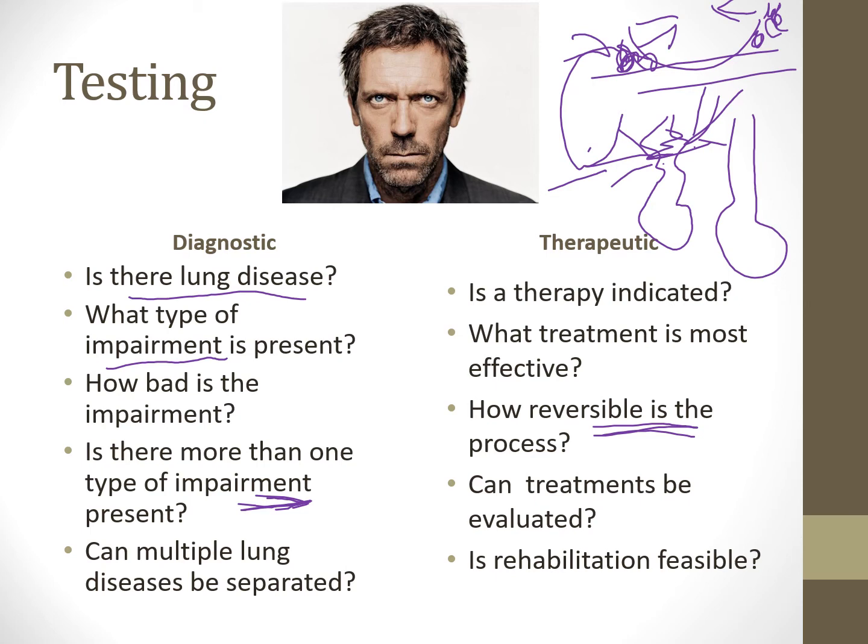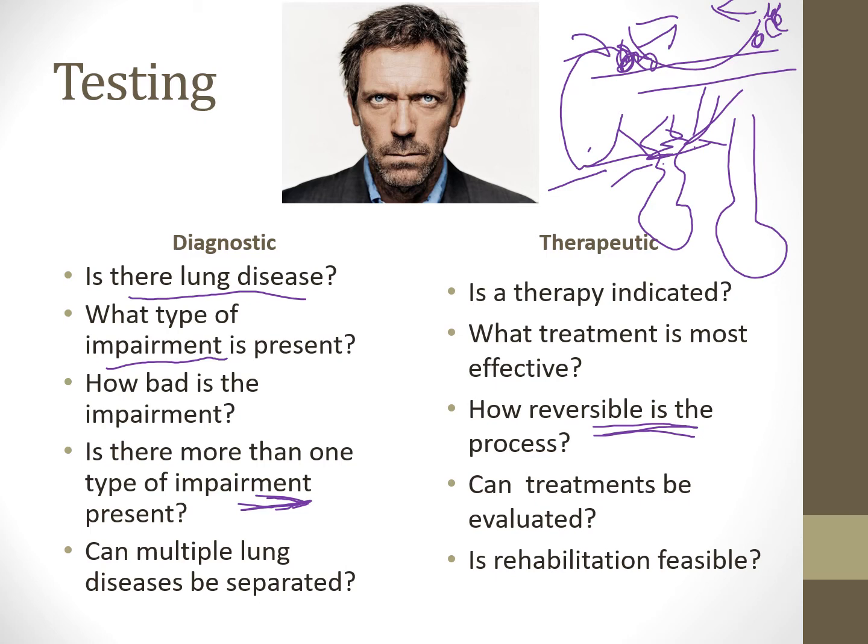Because if I try to compare them to a healthy person, they'll never attain that healthy number. I need to compare it to their baseline values, and that's why it's important for people that have things like asthma and emphysema to have pulmonary function tests regularly, so they know their baseline, so we know where they're at in their disease process. Okay, I'll get off that little high horse there.